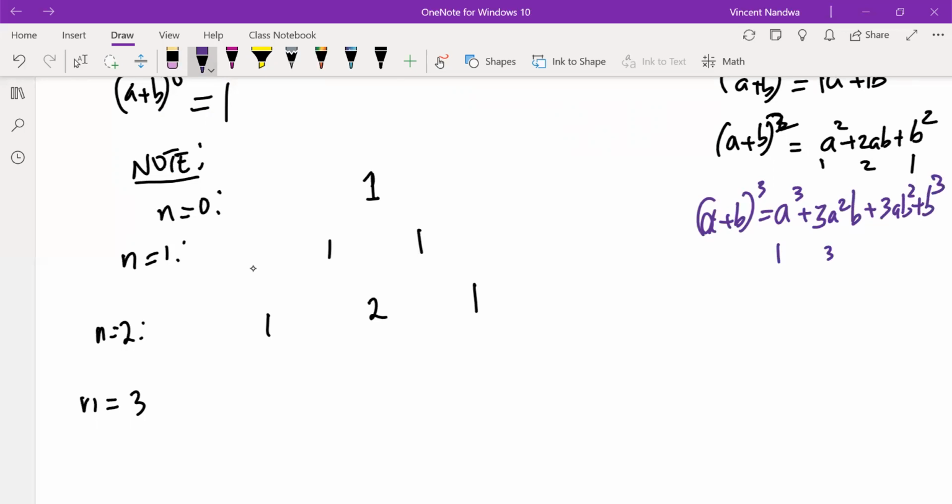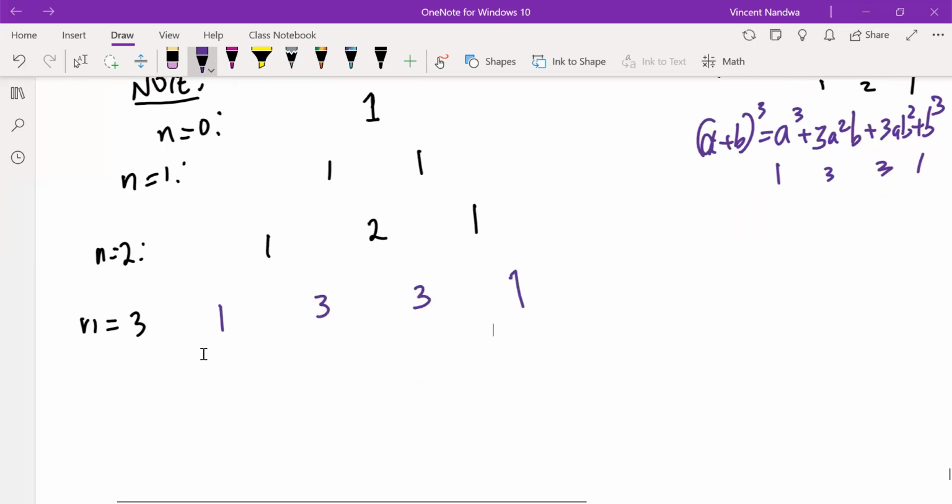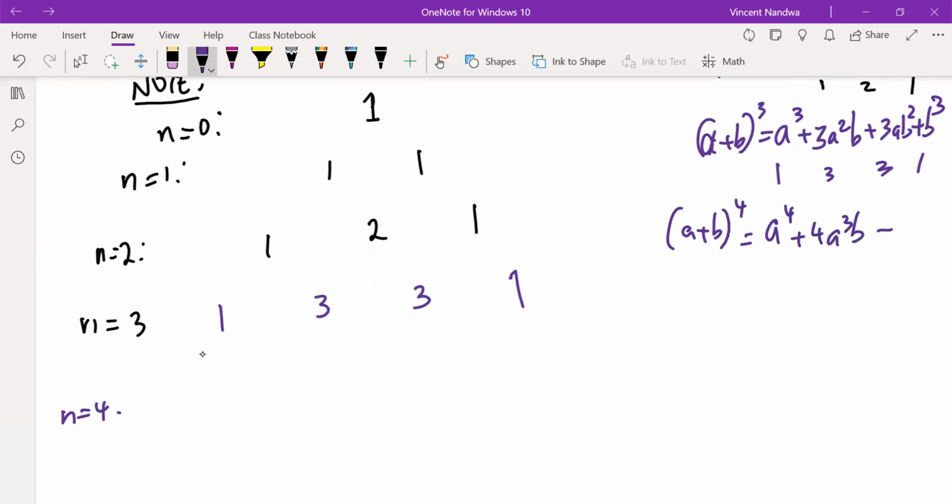So the coefficients are 1, 3, 3, 1. When n is 4, we had (a + b)^4 equal to a power 4 plus 4a cubed b plus 6a squared b squared plus 4ab cubed plus b power 4. And the coefficients we have are 1, 4, 6, 4, and then 1.